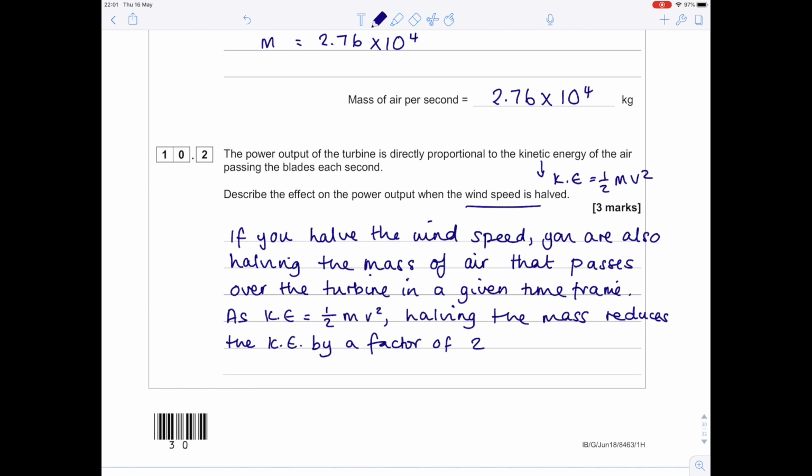And so if we've reduced the kinetic energy by a factor of 2, now we need to consider what would happen to v. And notice, because it's squared, rather than that being reduced by 2, it would be reduced by a factor of 4.